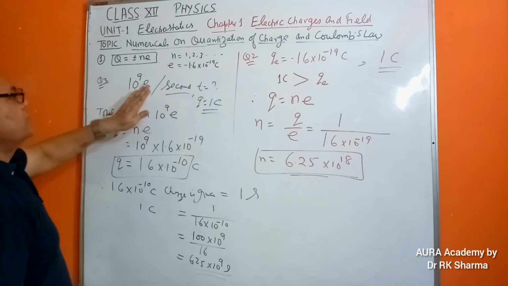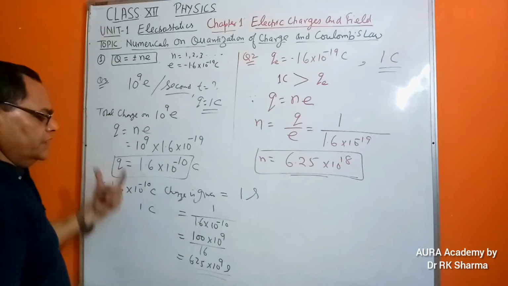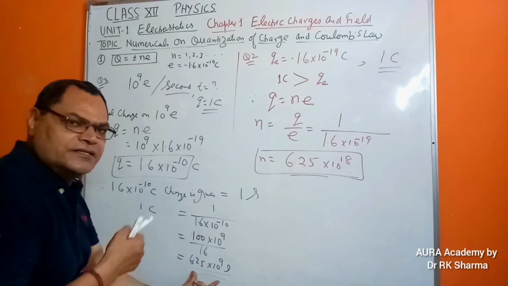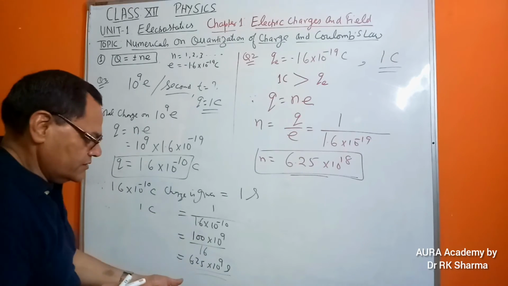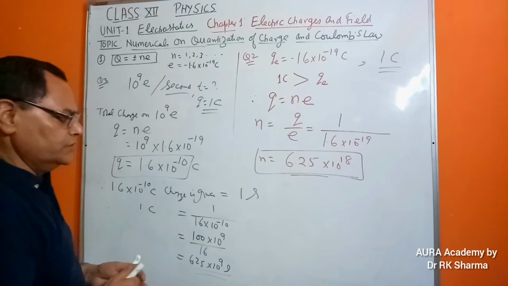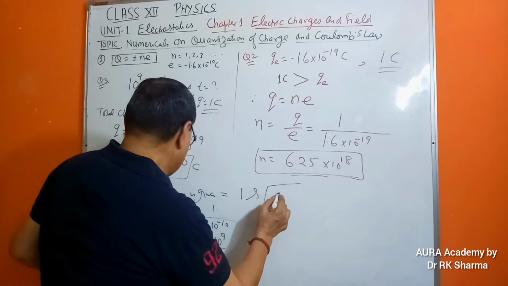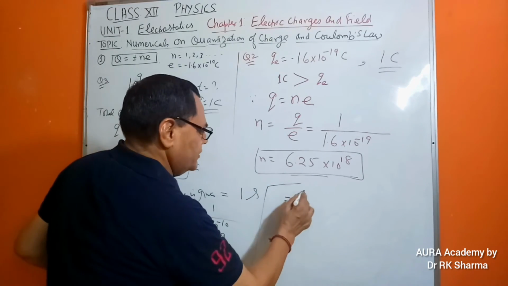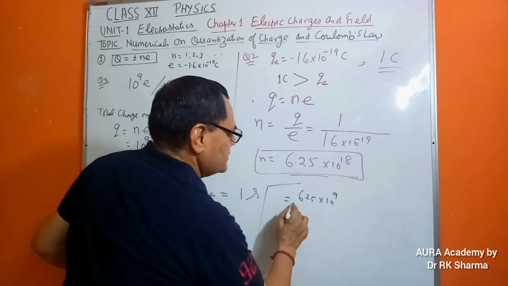So the body which was releasing 10⁹ electrons per second will take these many seconds in releasing 1 coulomb of charge. And if you want to convert it into years, you can proceed further. The time taken is 6.25 into 10⁹ seconds.